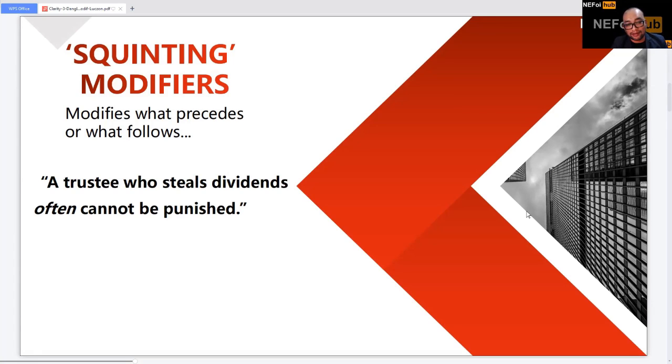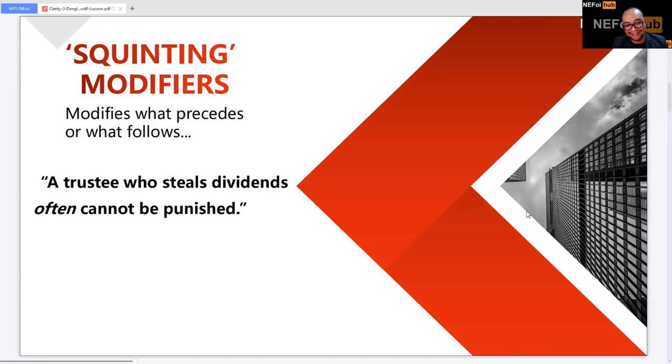For example, like this one: a trustee who steals dividends often cannot be punished. This is a one-word modifier, which is often.